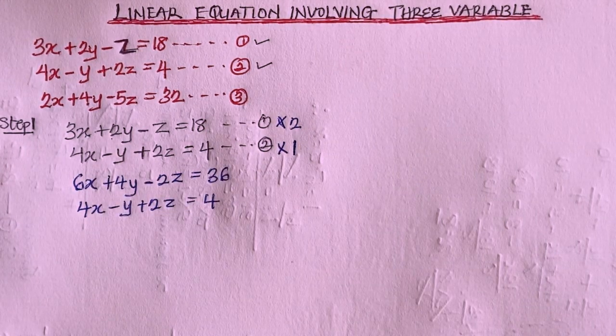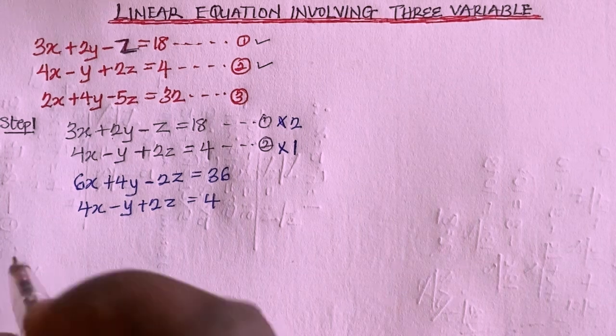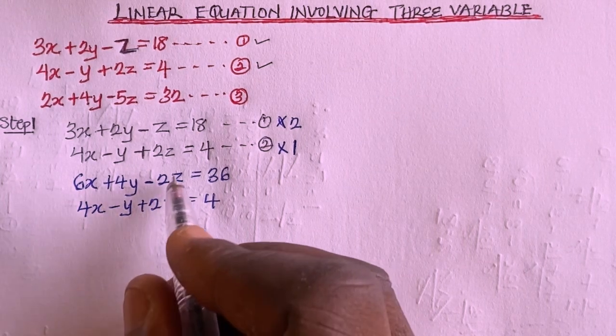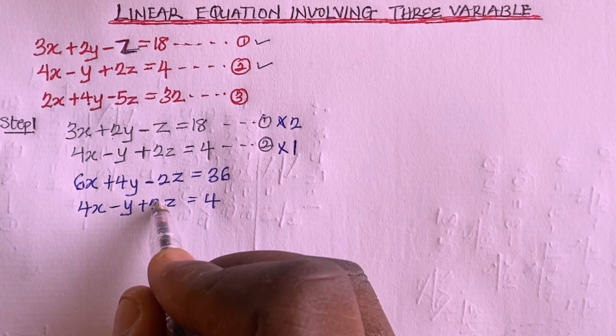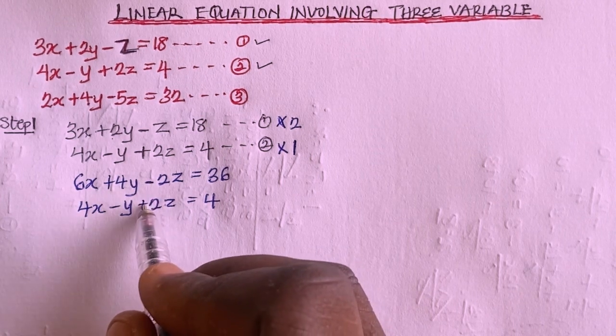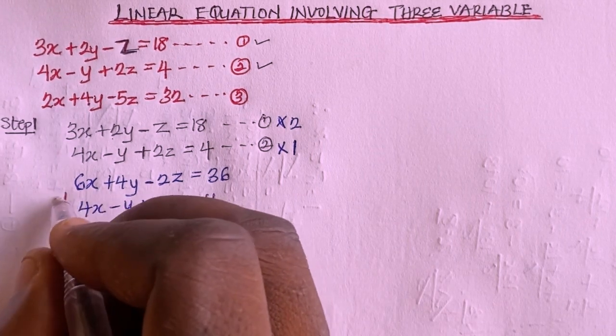After that, the next thing is that you check what you can do in order to eliminate this z. Since the coefficients are balanced, and you have minus here and plus here, simply add both together.